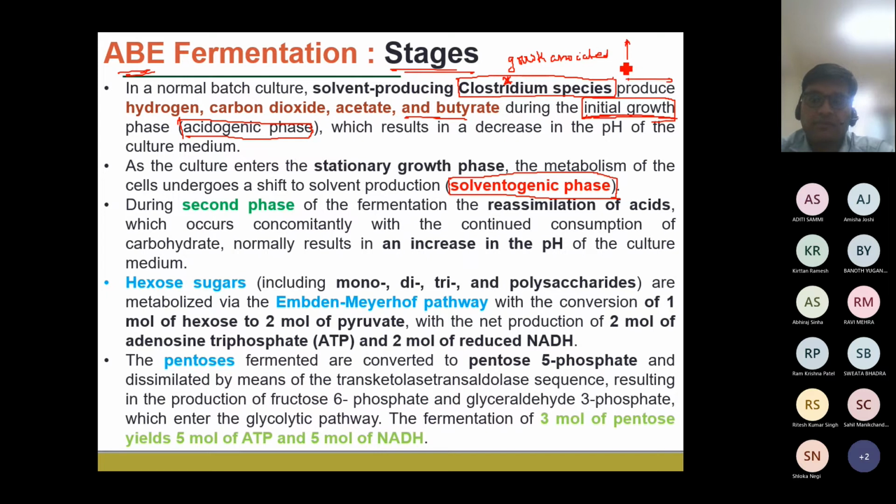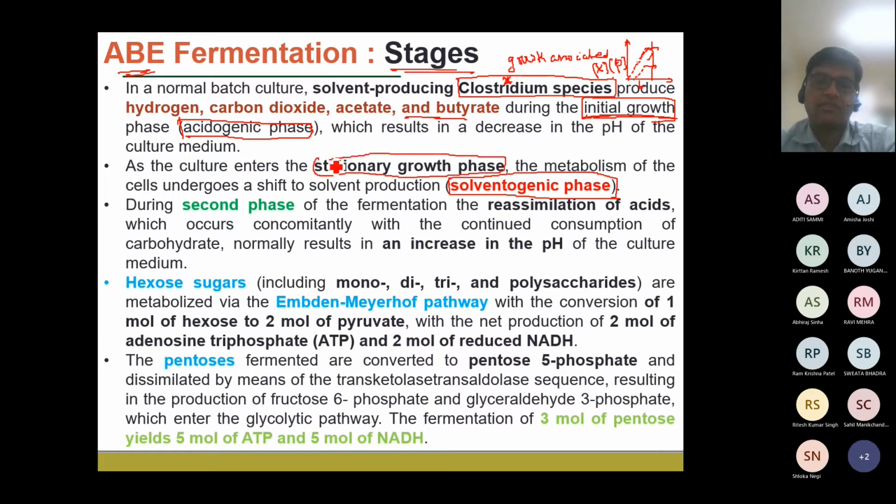If we look into the graph of product and biomass concentration with fermentation time, with the increase in the biomass, the cell concentration, we would find that there is production of acetic acid or butyric acid. Until then there is no production of solvents like acetone, butanol and ethanol. They are generally produced during the stationary growth phase.